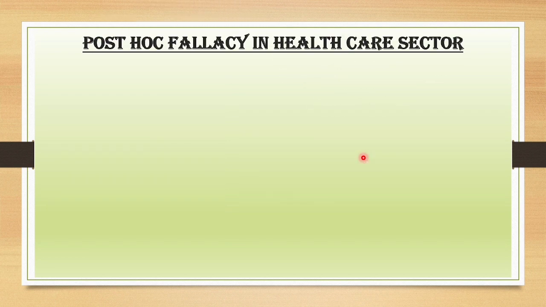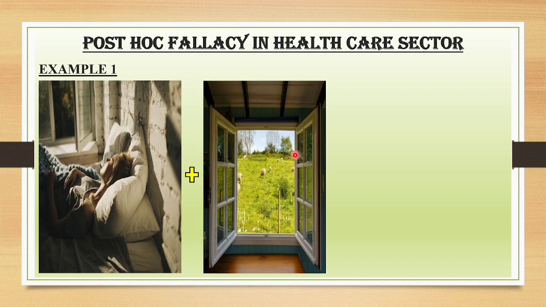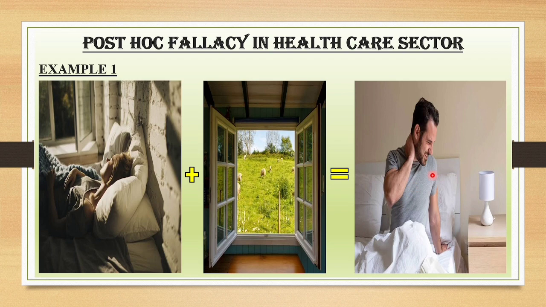So coming to the post hoc fallacy examples in the healthcare sector. So first example. Now this fallacy is juicy as it occurs so much in our day-to-day lives, as we can probably notice. An example could be that you go to bed with the window open and wake up in the morning with a stiff neck.